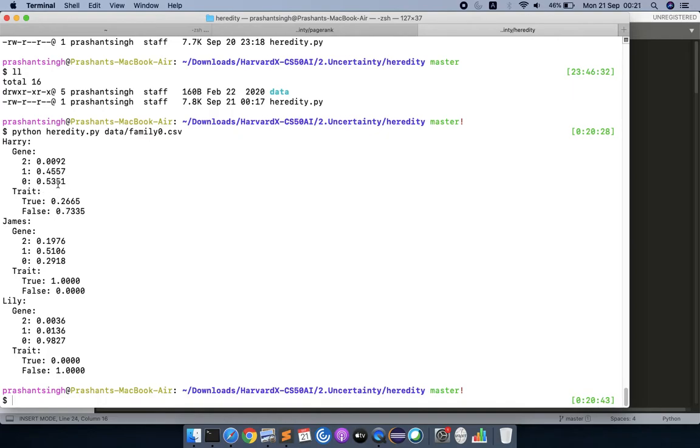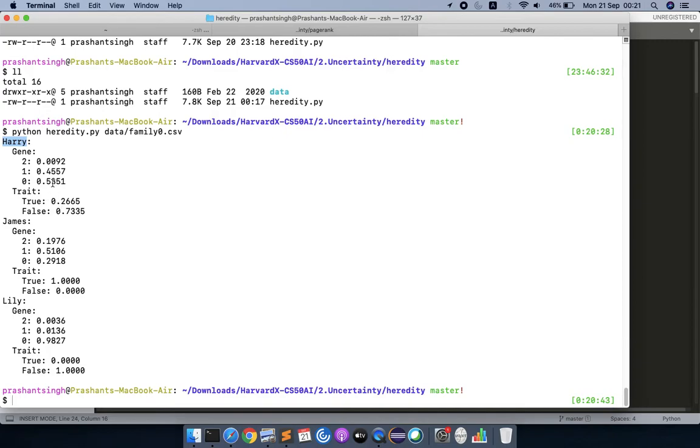As you can see for Harry, the trait false is 0.73, which means that there is a 73% chance that he is not showing the trait of hearing impairment.